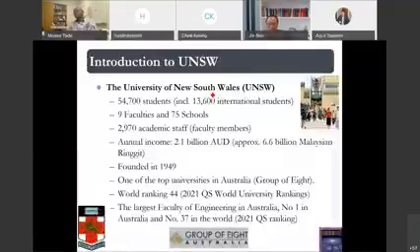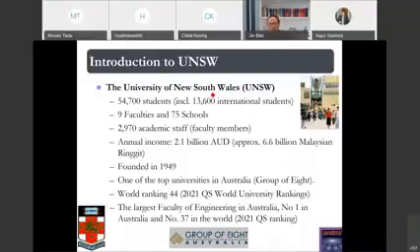We have roughly 55,000 students, including about 14,000 international students, 9 faculties and 75 schools, and a little less than 3,000 academic staff, called faculty members. The annual income is about 2.1 billion Australian dollars, which I think is roughly 6.6 billion Malaysian dollars.